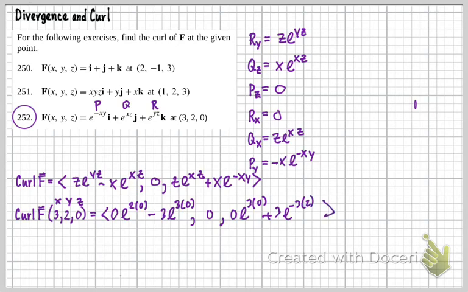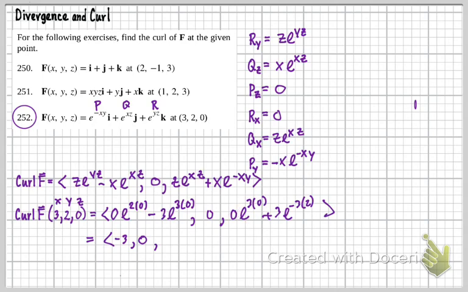And then once I simplify all of those, this first piece is 0. This e to the 3 times 0 is e to the 0, which is 1. So I get for that first piece negative 3. And then I get my 0 here in the middle. And then for the last piece here, that's 0, because 0 times anything is 0.